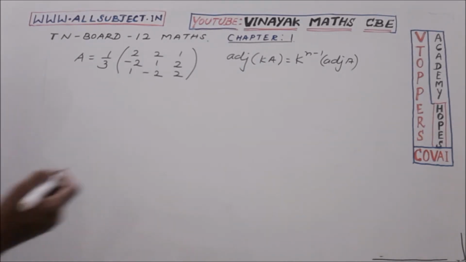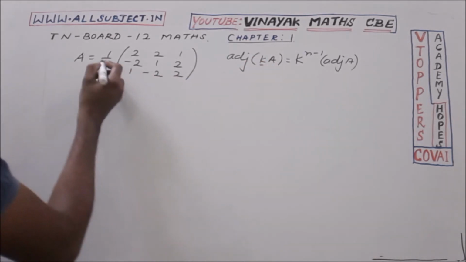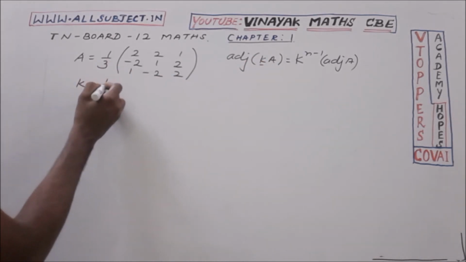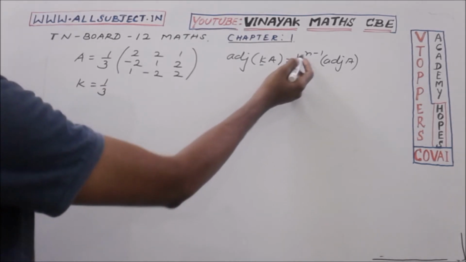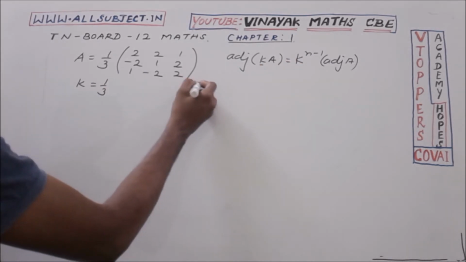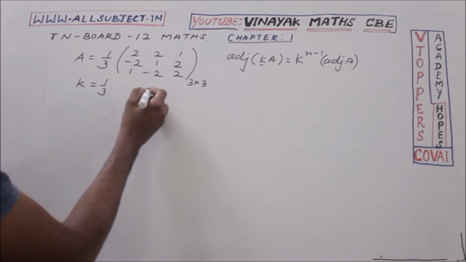So here K is nothing but 1 by 3, and n is nothing but its order. Given a 3 by 3 matrix, so n is the order 3.